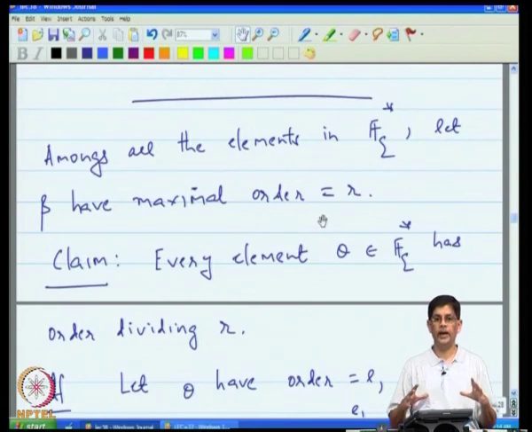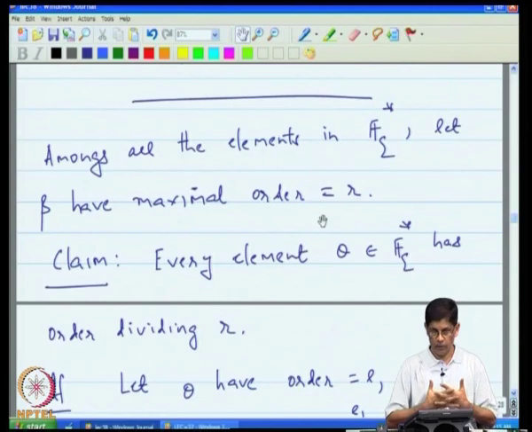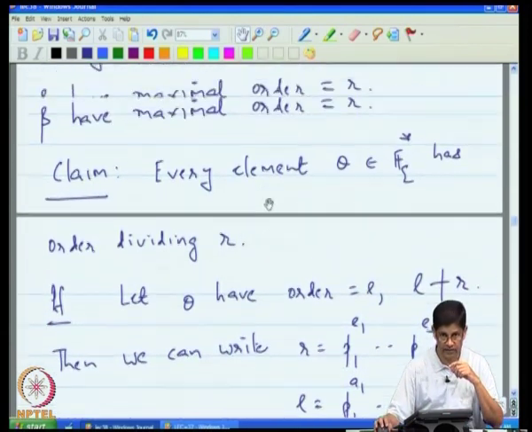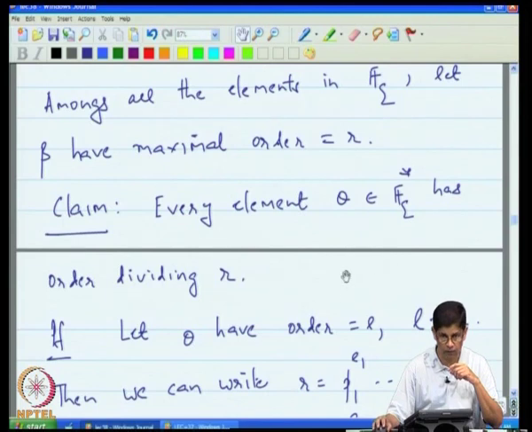It means that you are looking at all the elements in the finite field and all their orders, and you want to pick the element that has the largest possible order, and let us say that that is beta, and its order is R. Then there is an interesting claim that the order of all the other elements in the finite field must divide R.